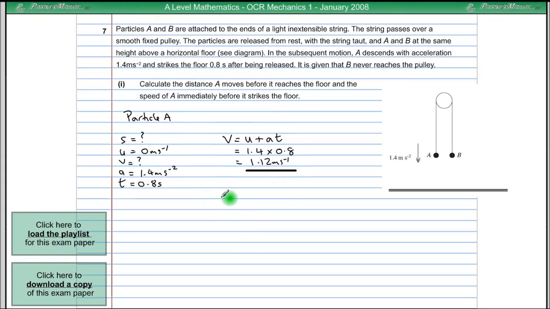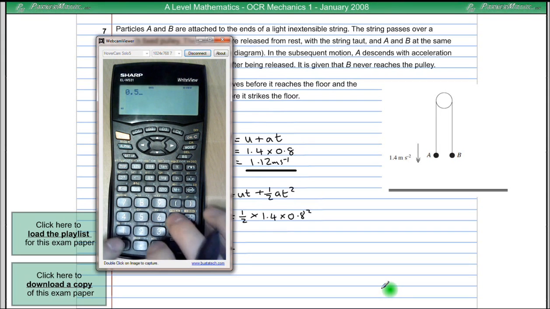Now let's try and find S. So we know that S equals UT plus half AT squared. We know that U is 0, so this term will disappear. So we get half multiplied by A, which is 1.4, multiplied by 0.8 squared.